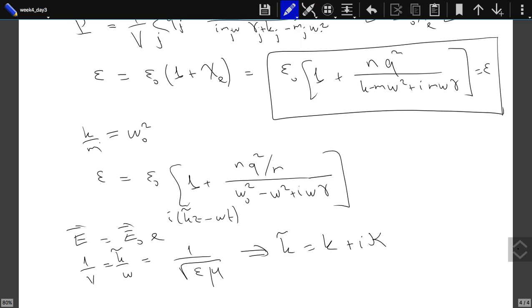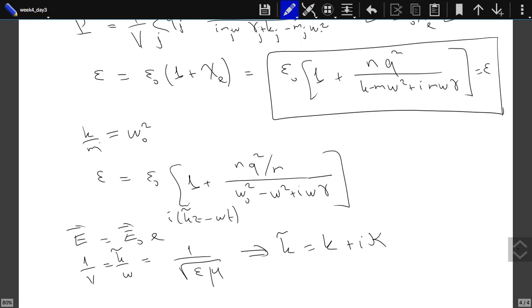1 over v is the square root of epsilon mu. 1 over v squared is 1 over epsilon mu. So you see, okay, let me just repeat my argument.